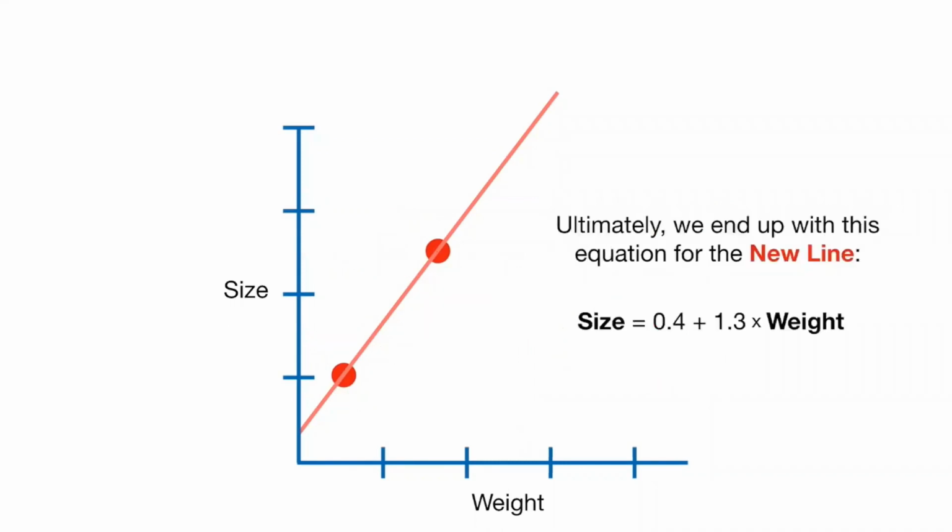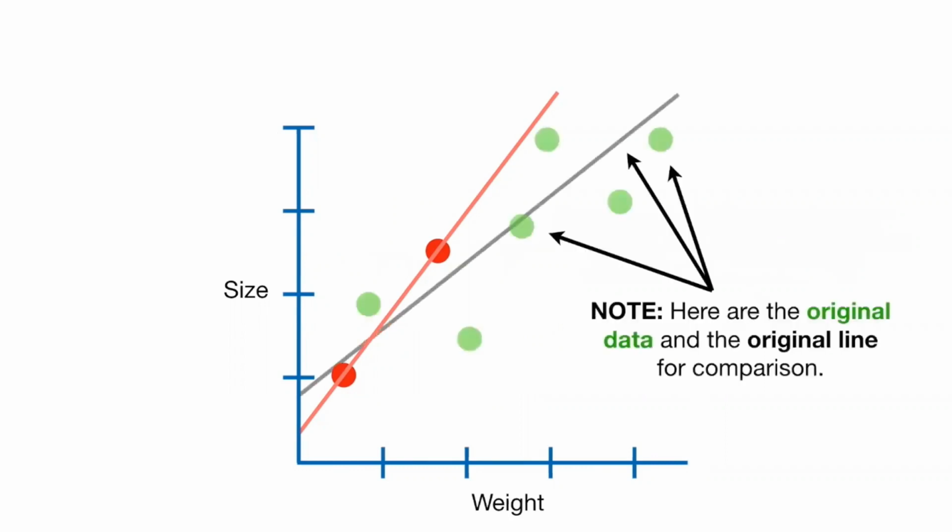If we draw this, we end up with a formula of 0.4 plus 0.3 times weight. Now, if we plot this, and the green ones are our testing data, whenever we introduce the testing data set, the line is very underfit or overfit for this scenario.